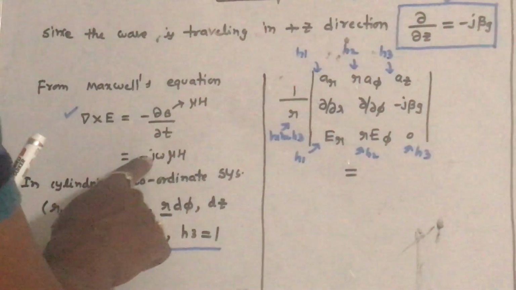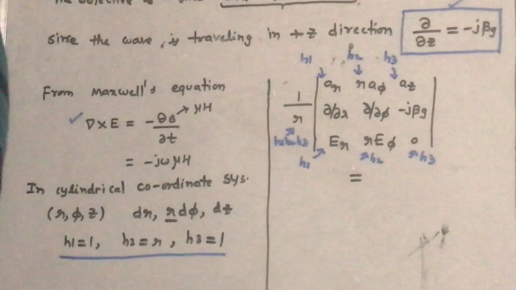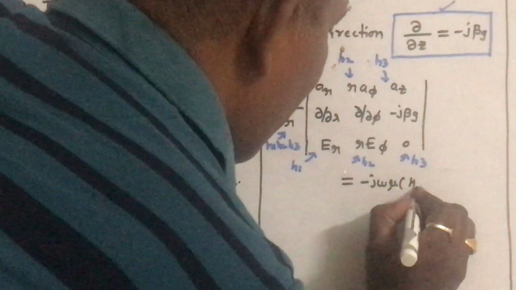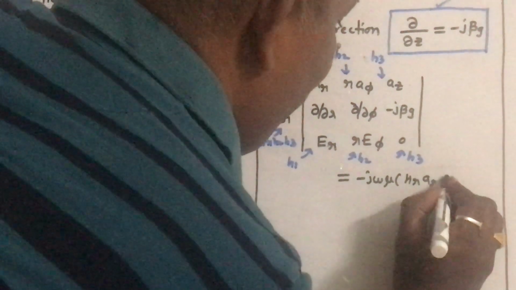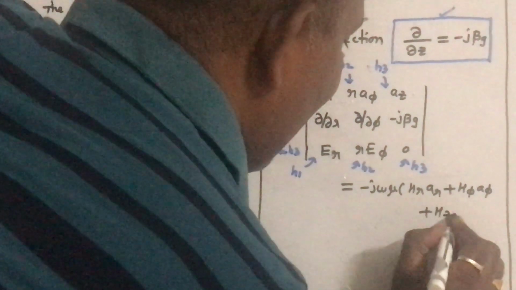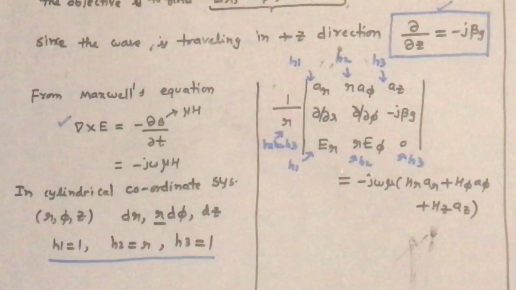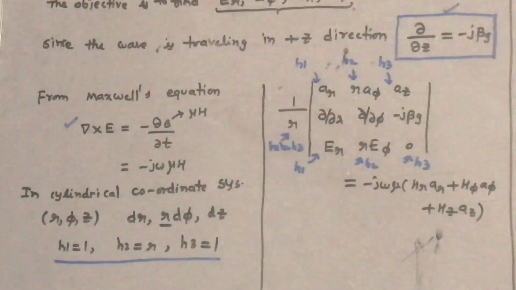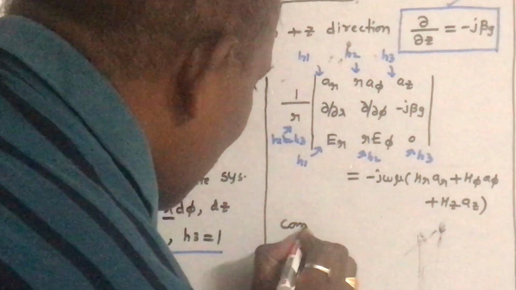Remember that. So what is the right side? Minus j omega mu H, which is written as minus j omega mu into H_r a_r plus H_phi a_phi plus H_z a_z. Now compare the a_r, a_phi, a_z components on both sides.